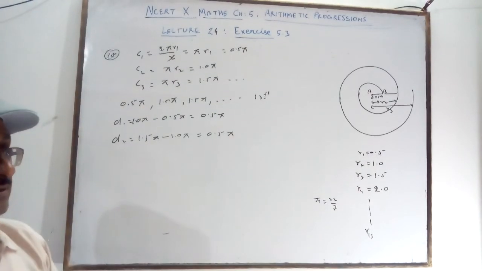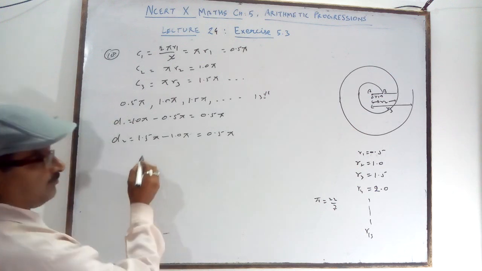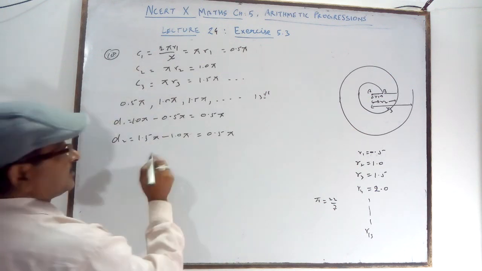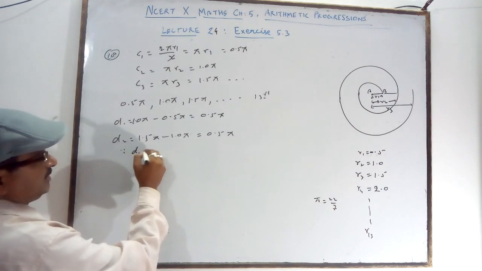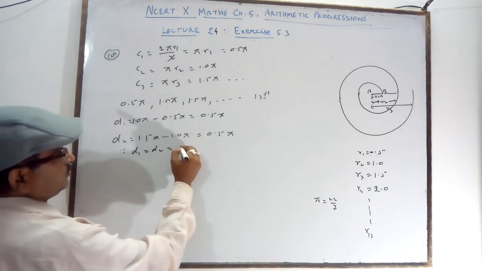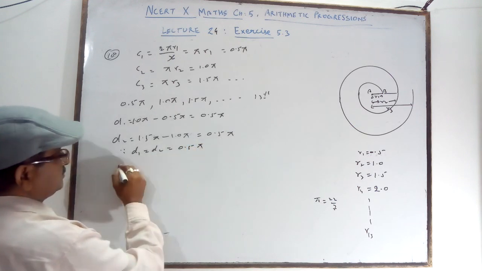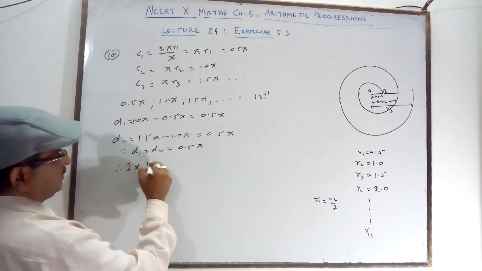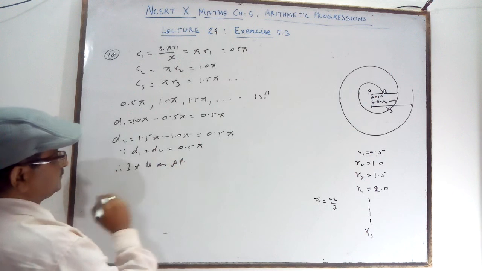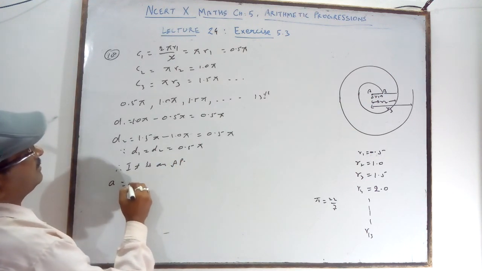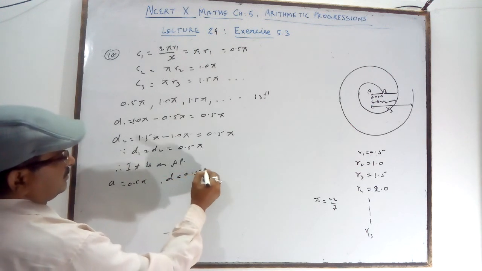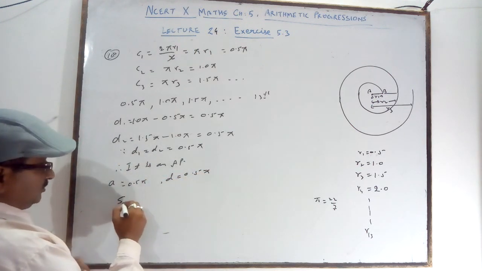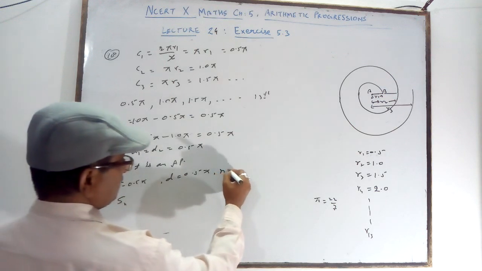Therefore D1 is equal to D2 is equal to 0.5 pi. So it is an AP. What is A? 0.5 pi. What is D? 0.5 pi. N is given 13.